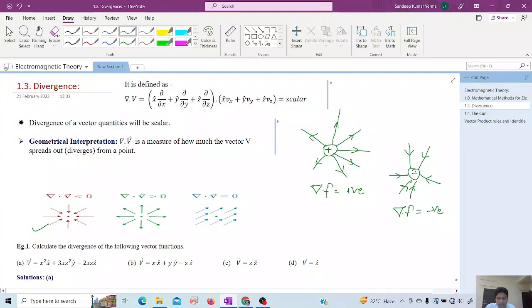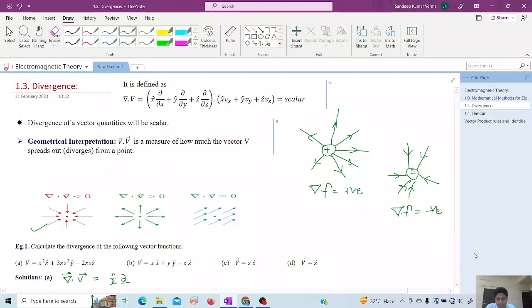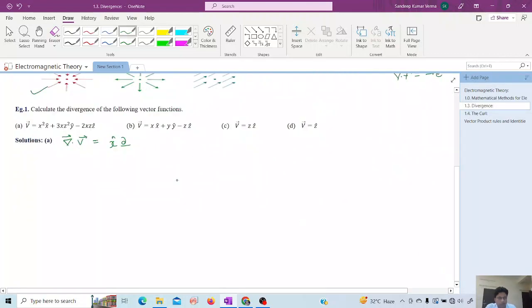So we can calculate the example. We can calculate these problems. So the divergence of V: we know that it is x cap del by del x plus y cap del by del y plus z cap del by del z, and dot.